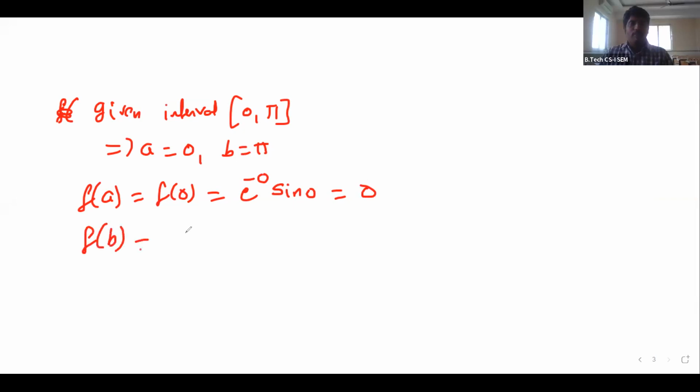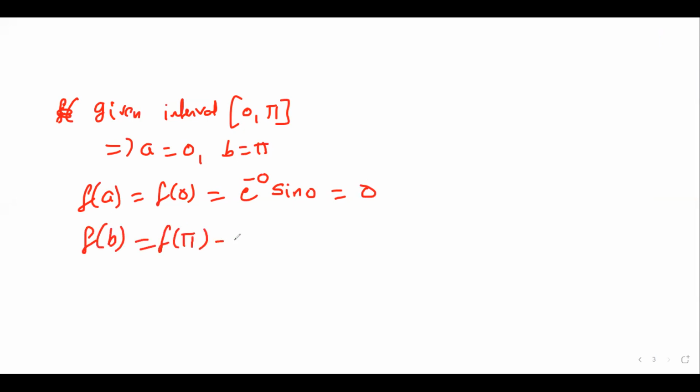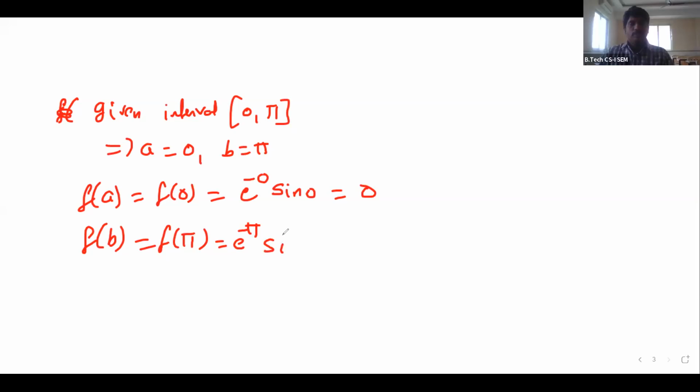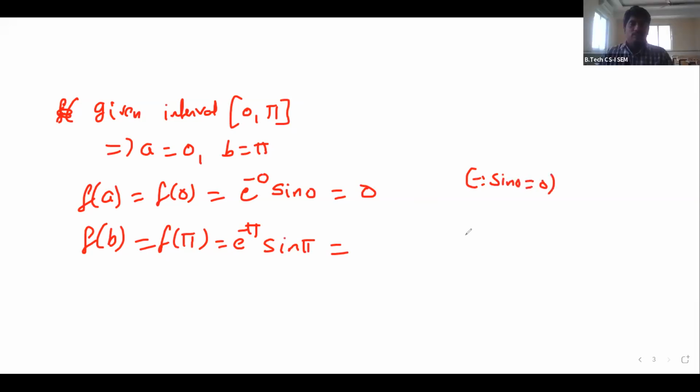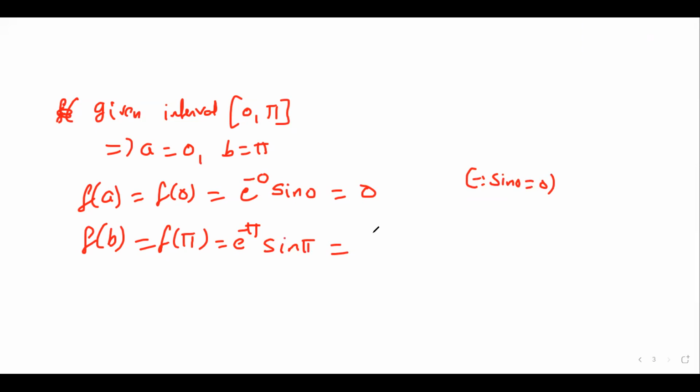Next, f of b. f of b means f of pi, that is e power minus pi sin pi. sin 180 is 0. And what is cos 180? Minus 1.